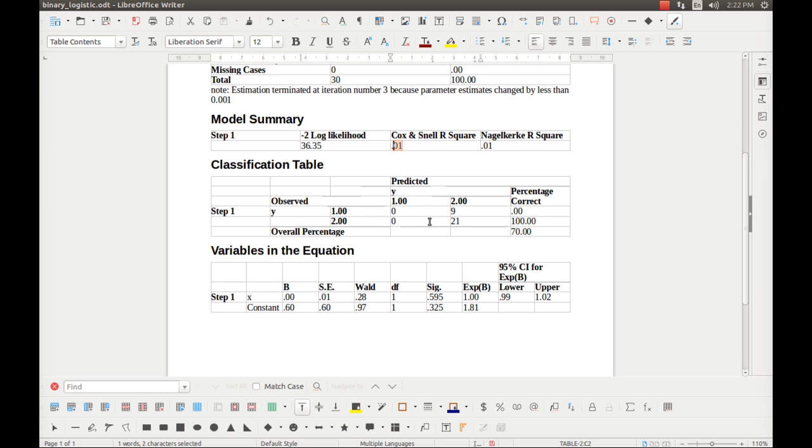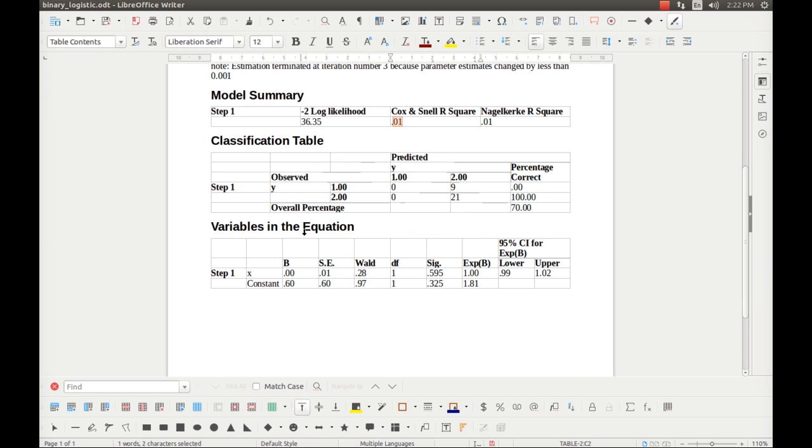But anyway, we are not interested in this particular table. Perhaps we may take up the discussion after some time. What is very important for us right now is to talk about the prediction through binary logistic regression.